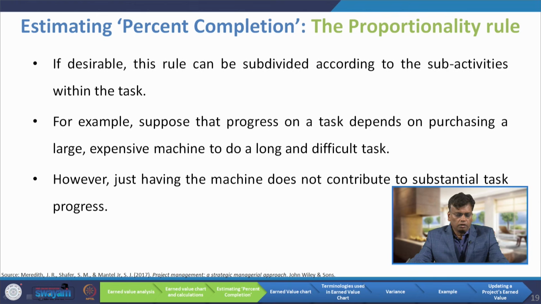If desirable, this rule can be subdivided according to the sub-activities within the task. For example, suppose that progress on a task depends on purchasing a large expensive machine to do a long and difficult task. However, just having the machine does not contribute to substantial task progress. So, if there are two activities, the proportionality has to be done independently.